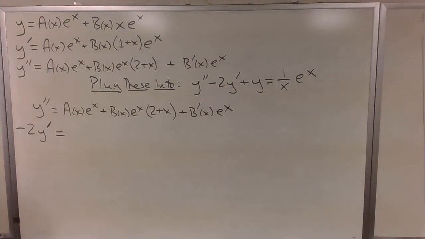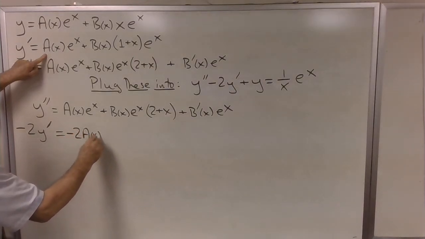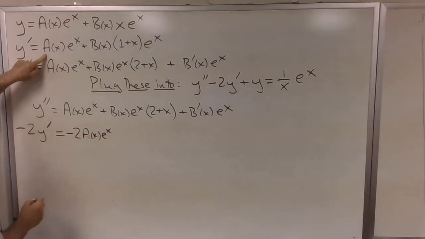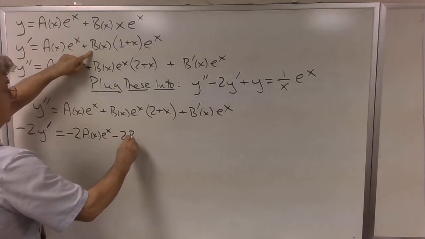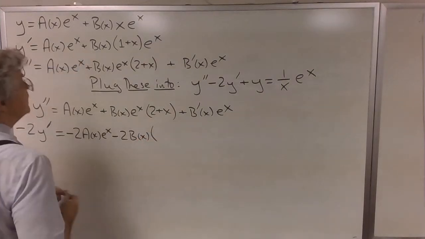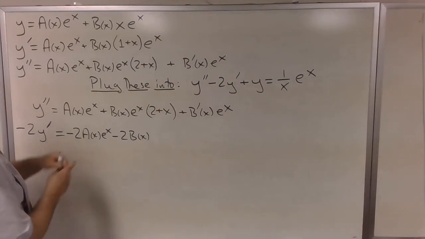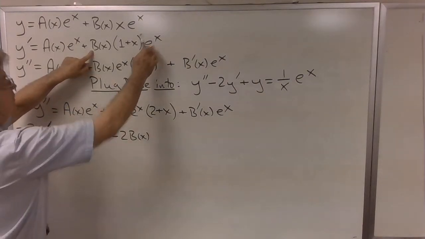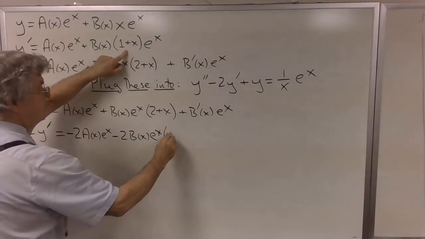And let's see. That's going to be minus 2 a of x e to the x, minus 2 b of x e to the x, 1 plus x.